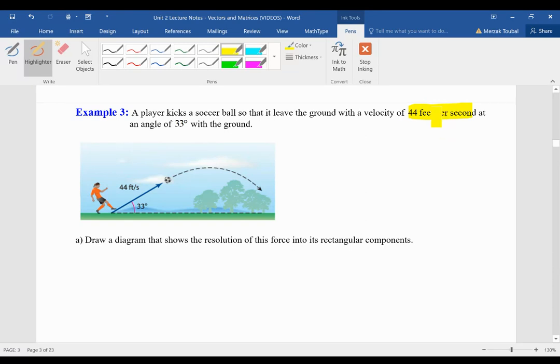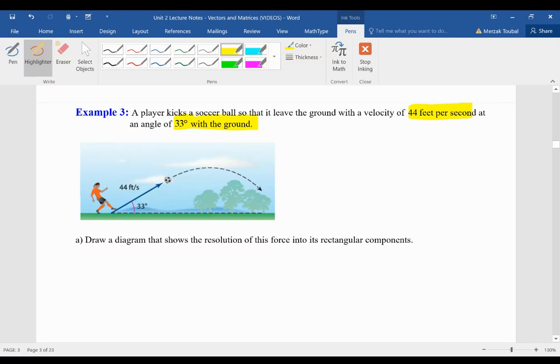That's the magnitude, at an angle of 33 degrees, that's the direction where they go. And the picture says it all. Here's the 44 feet per second. That's the velocity of the ball at the instant when it was kicked. And the 33 degrees is the angle made by the resolution vector and the ground.